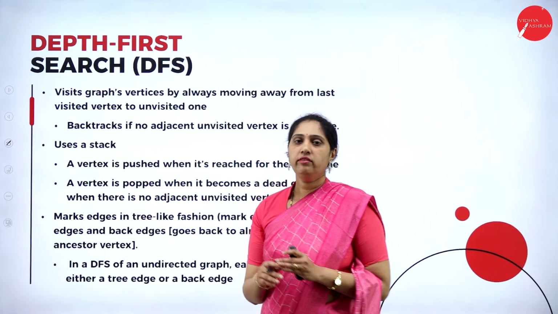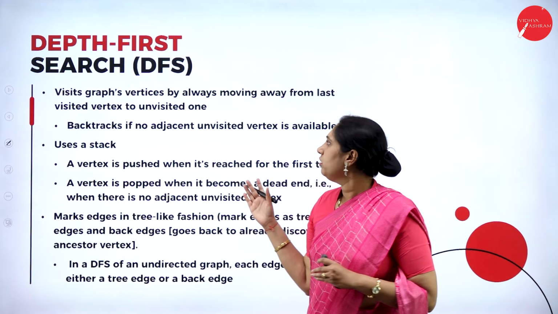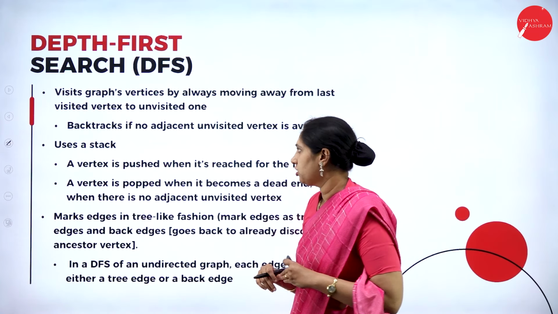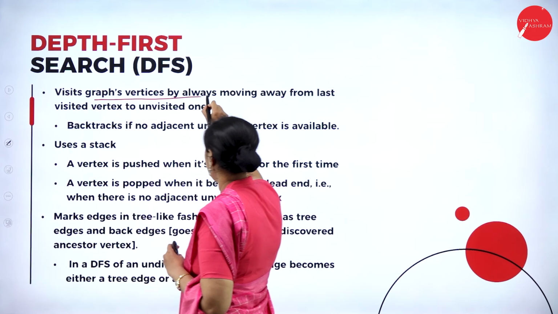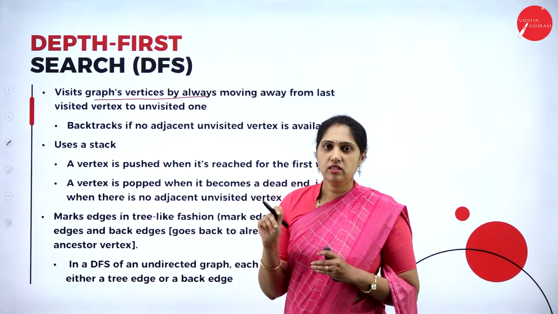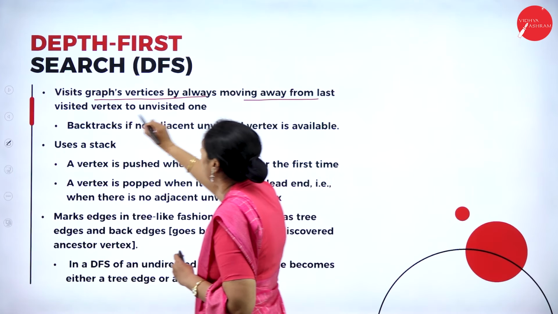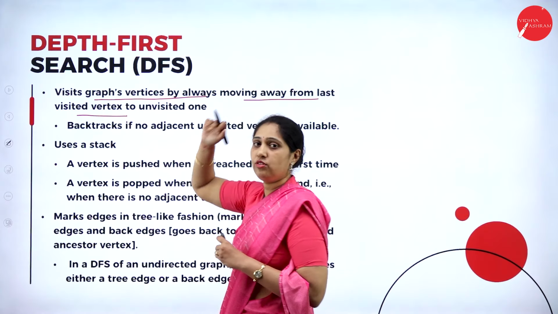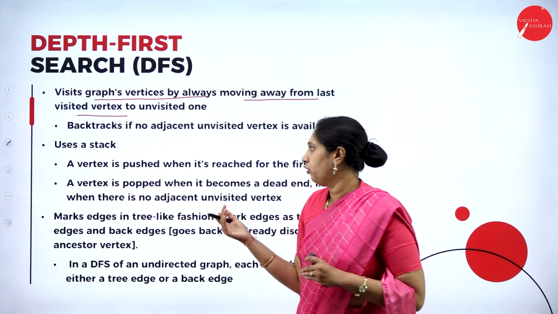Next, we go to DFS. What is DFS? What is the full form? It is depth first search. How it should be done is to visit the graph's vertices, always moving away from the last vertex. That is, we start from the depth, the children or a leaf node.